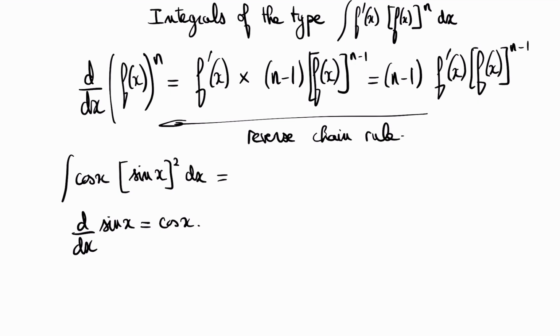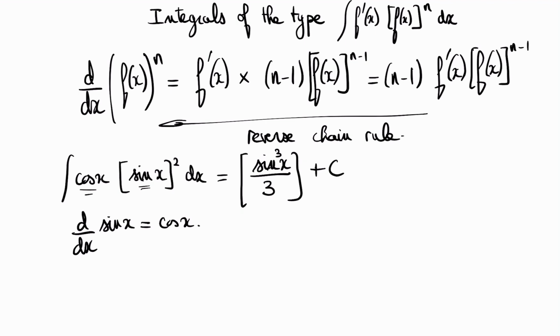So therefore here we are exactly in the situation above. The primitive is therefore, because cosine x here is the derivative of sine x inside, sine cubed x over 3, plus c, of course.